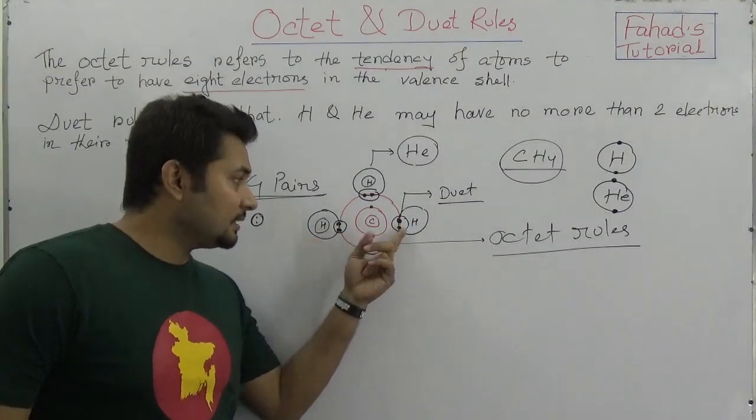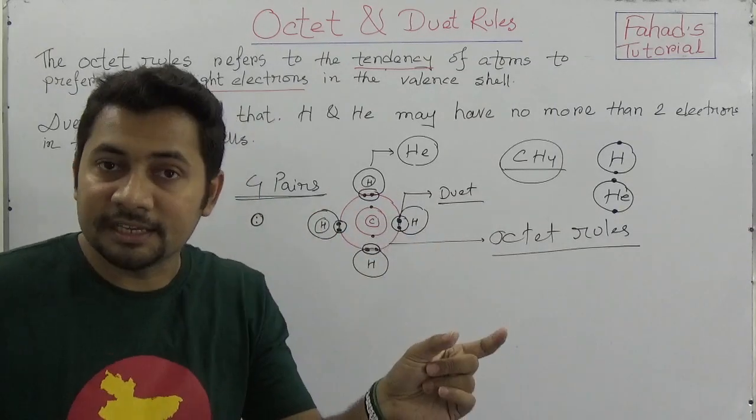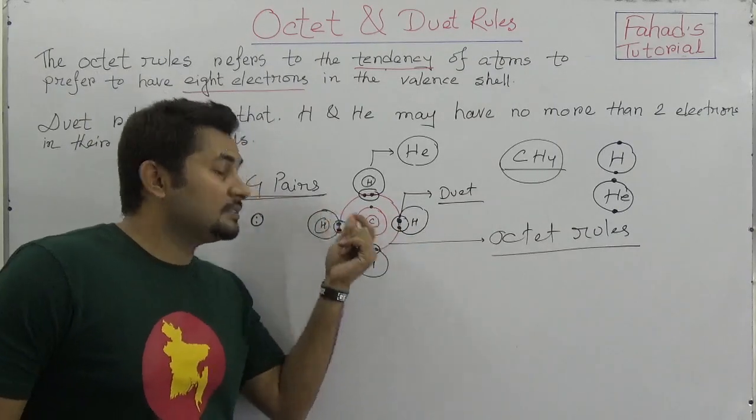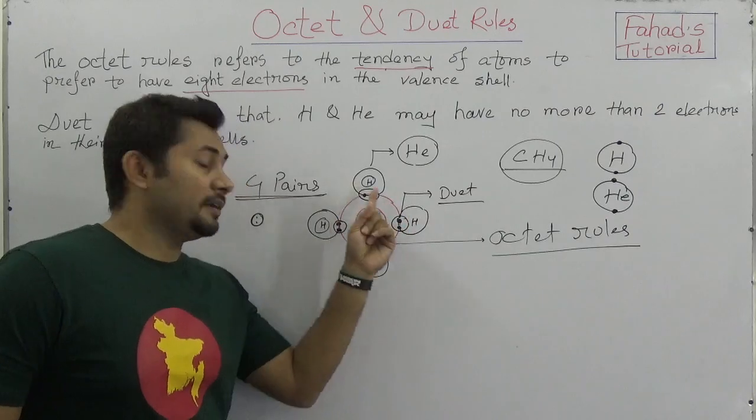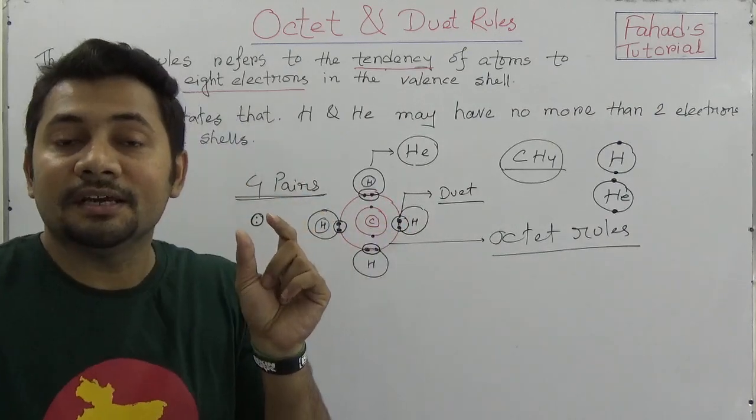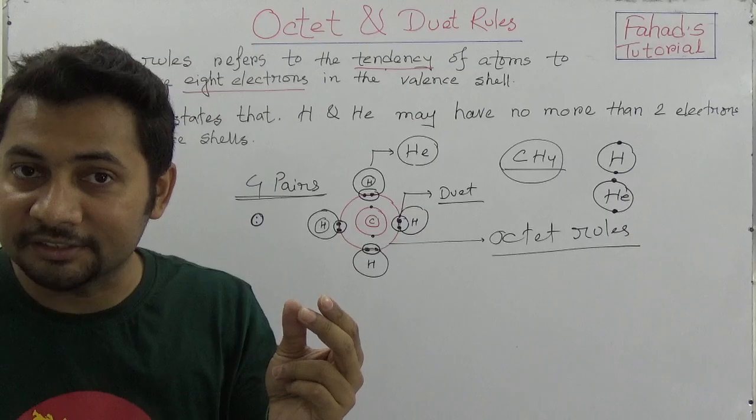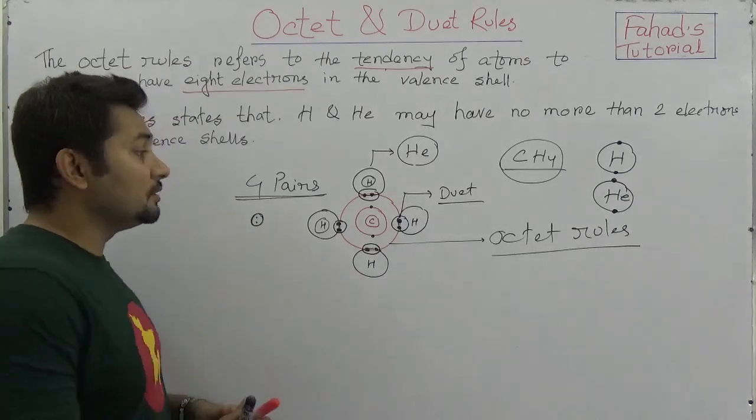And like this, when electrons are shared, the shared electrons form pairs, more than one pair, and this pairing of electrons together is called the duet rule.